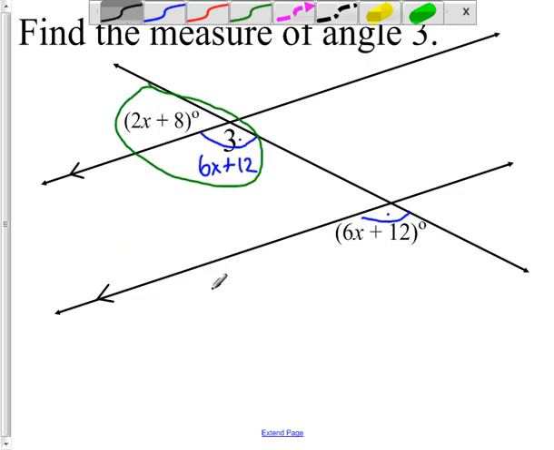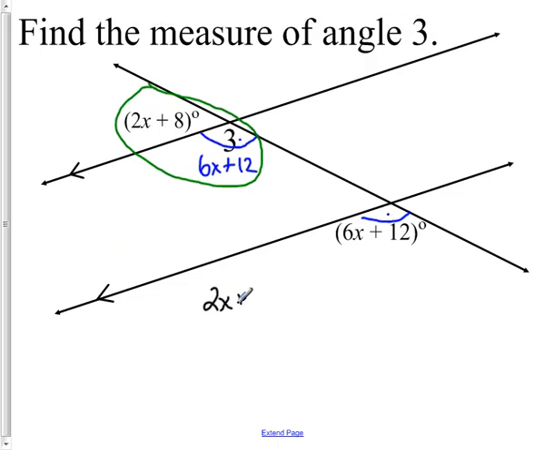We'll go 2x plus 8 plus 6x plus 12 equals 180. Okay, and then now we can solve for x, and then once we solve for x, we can figure out the measure of angle 3. So we've got 2x plus 6x, that's 8x.